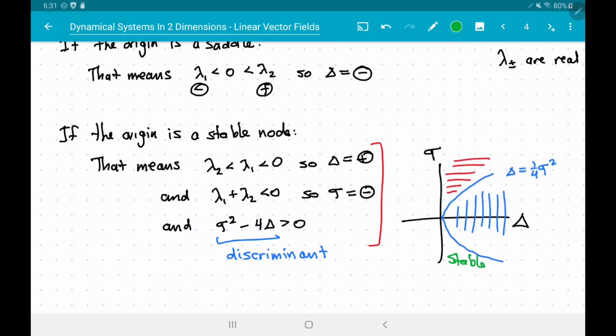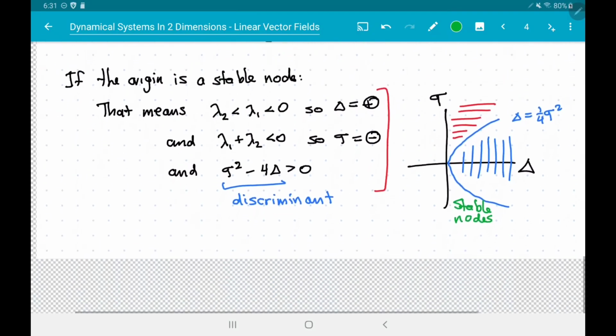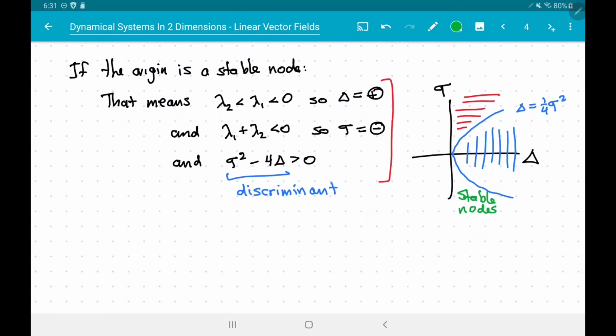Stable nodes are here. Okay, let's continue.